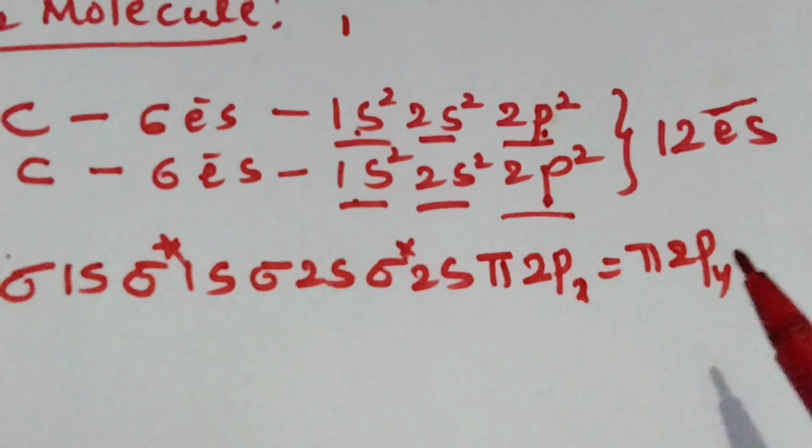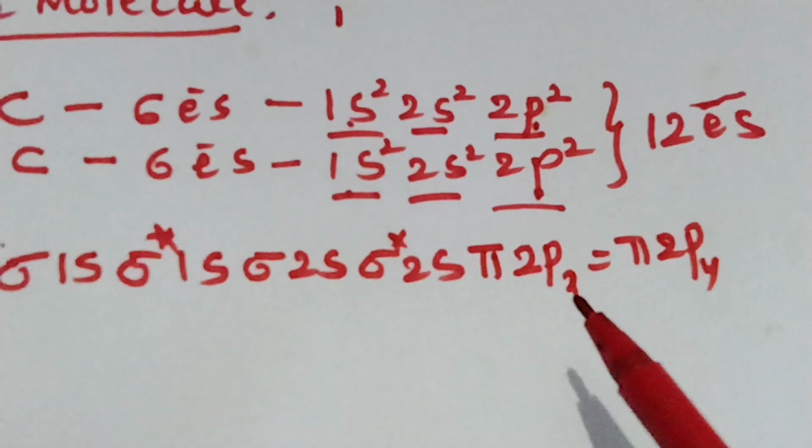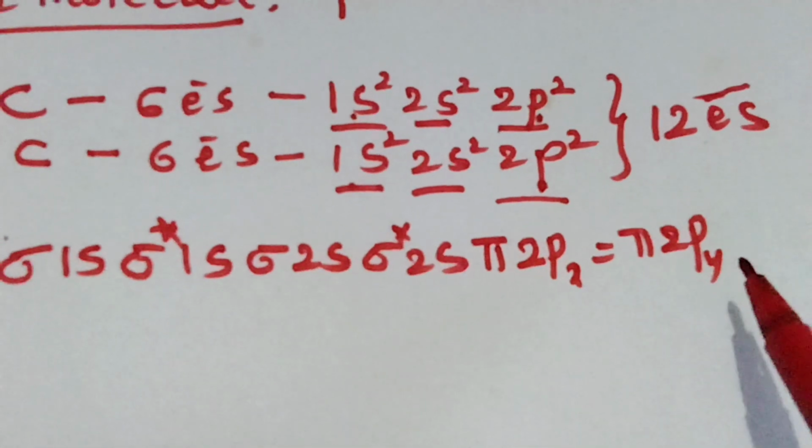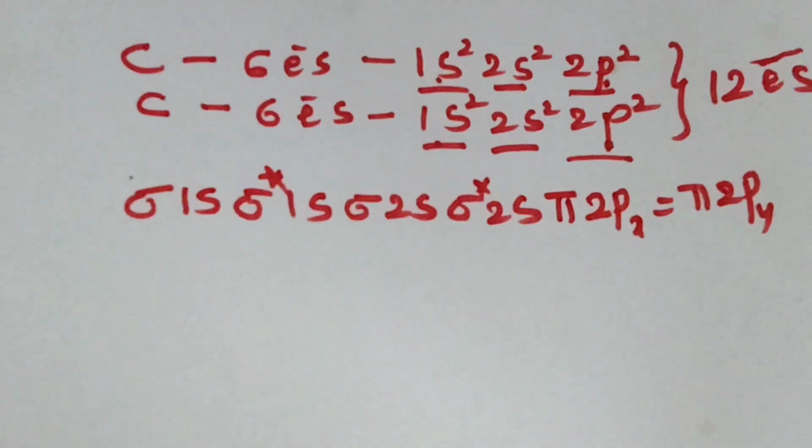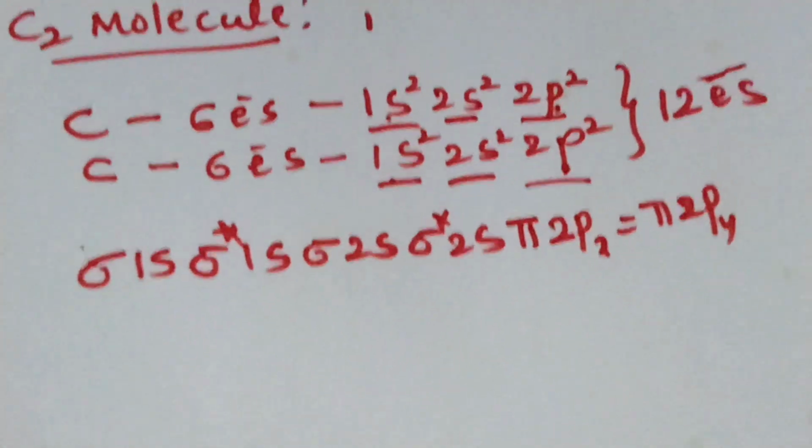The antibonding molecular orbitals are pi star 2px equal to pi star 2py. So we have to accommodate electrons here.